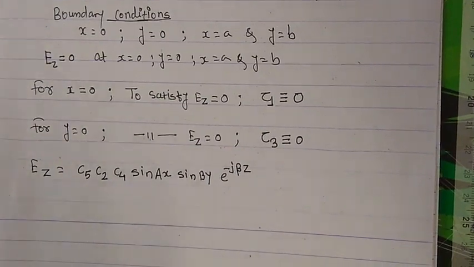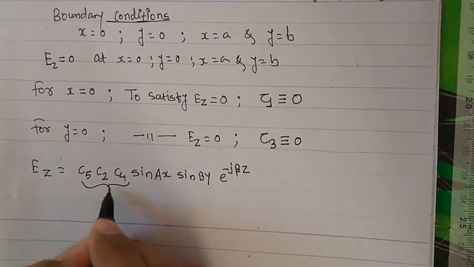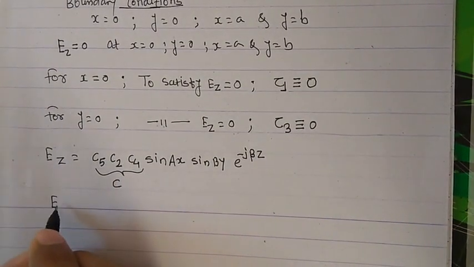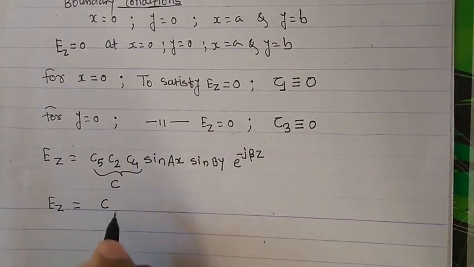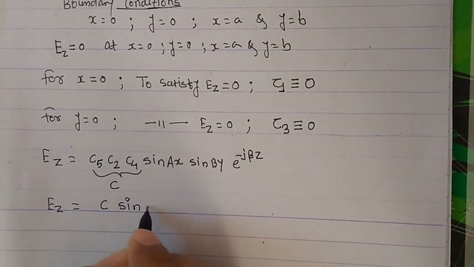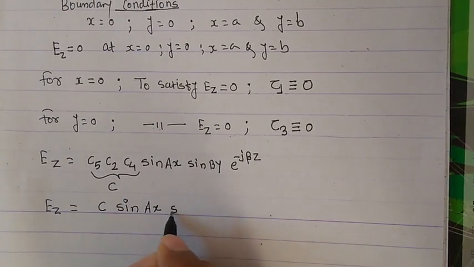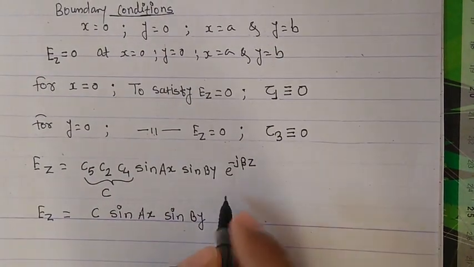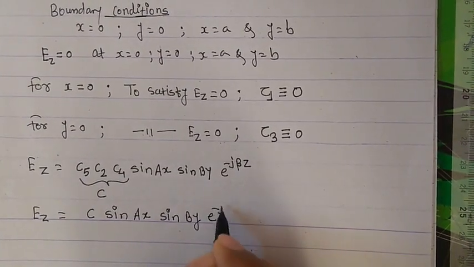So now club all these constants together and let us call them some constant c. It is c sine ax, sine by, e raised to minus j beta.